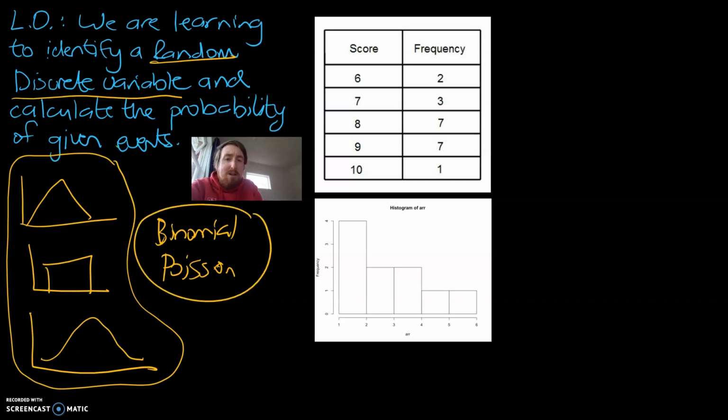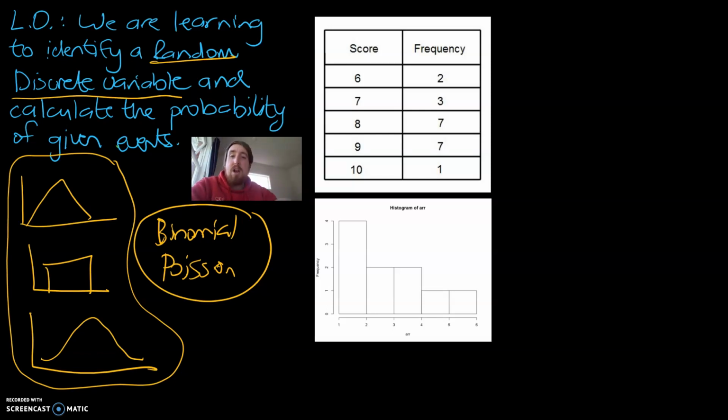And the other thing to note is our two models, binomial and percent distributions, only apply to discrete variables in certain contexts. So when you're trying to analyze random discrete variables, there's not a lot of choice for you to use. It might not actually fit into any of the major models that we've looked at.